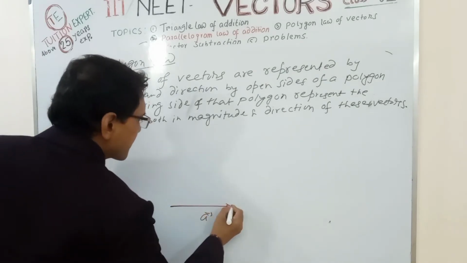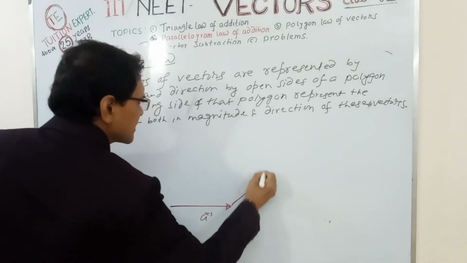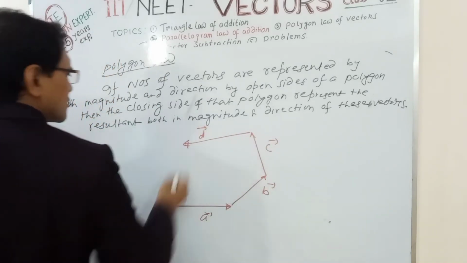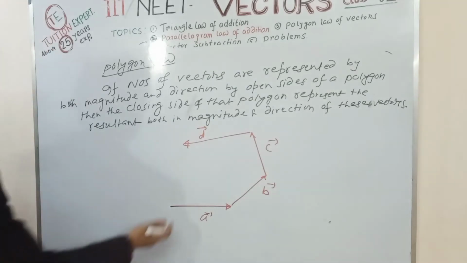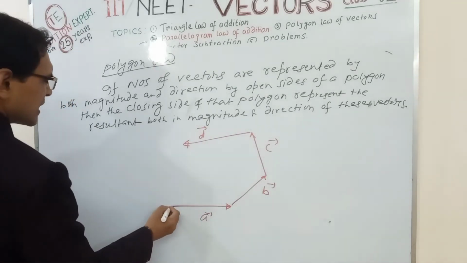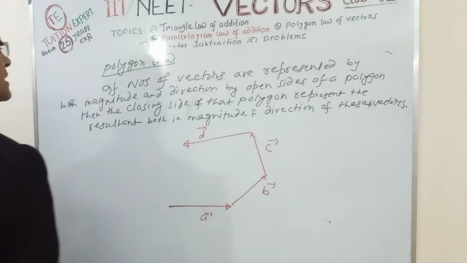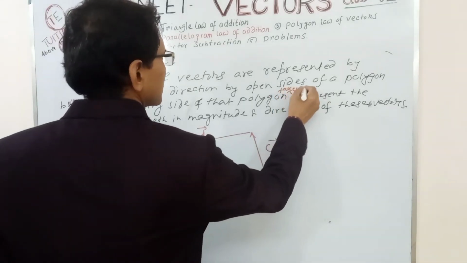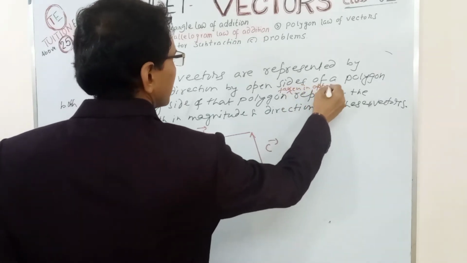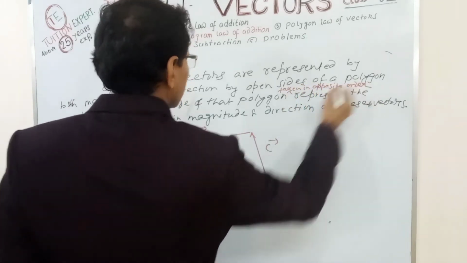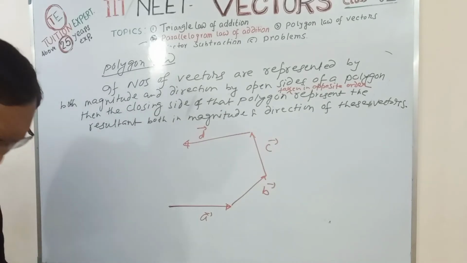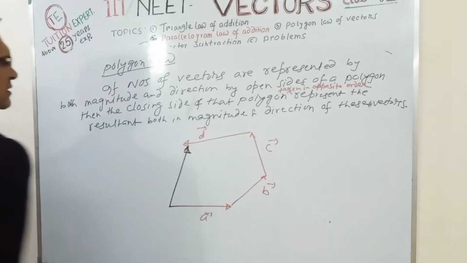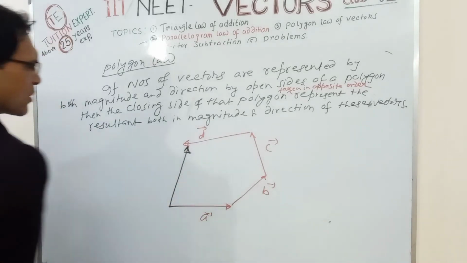This is A, this is B, this is C, this is D. So how can we find the resultant of all the vectors? The closing side, taken in the opposite order, represents the addition of all the vectors.